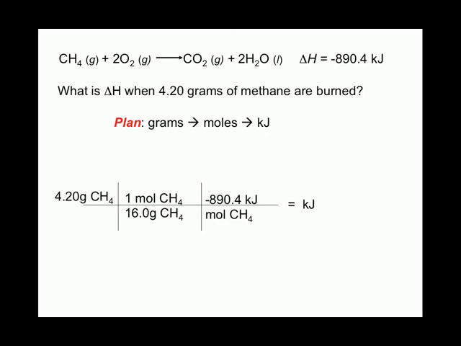There's only heat. The negative sign simply means it's going to the surroundings and not being absorbed by the system. So you notice our units will cancel. We get an answer of minus 234 kilojoules. Now technically, if you go back up and look at the question, the answer really should be just 234 kilojoules. Again, the negative sign is just saying it's being released.